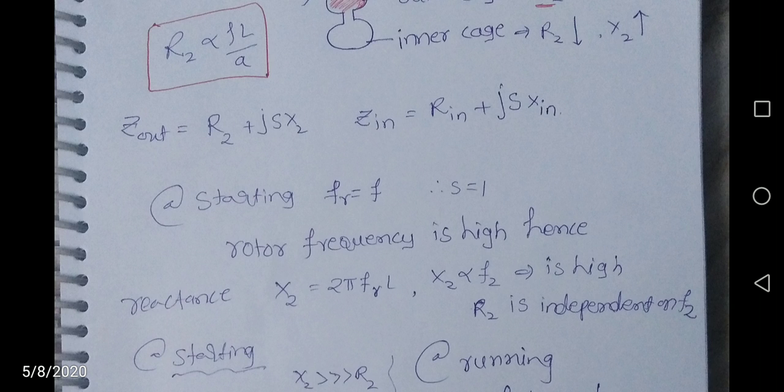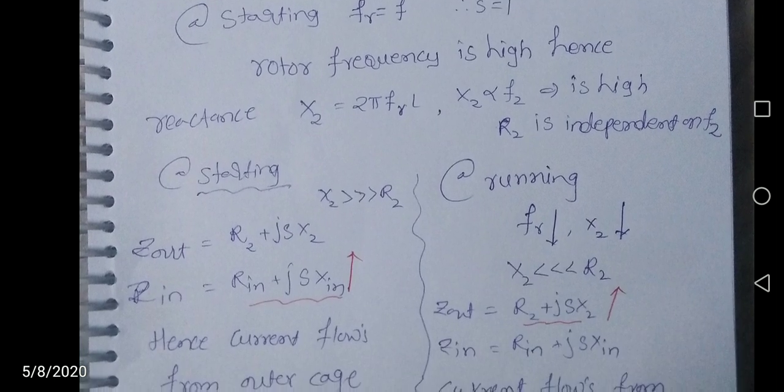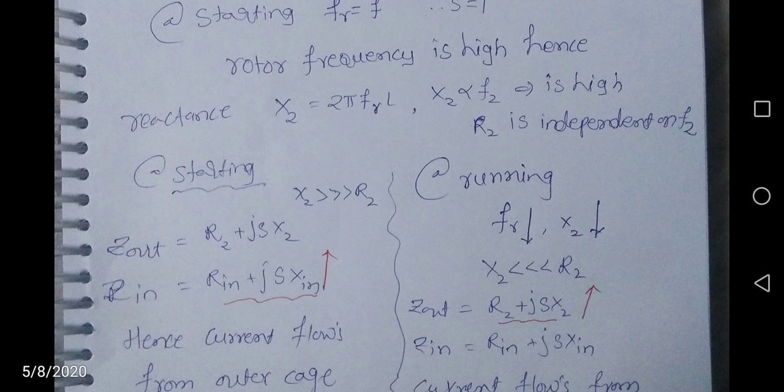When frequency is more, rotor reactance is also more. So the inner cage offers the highest impedance at starting.